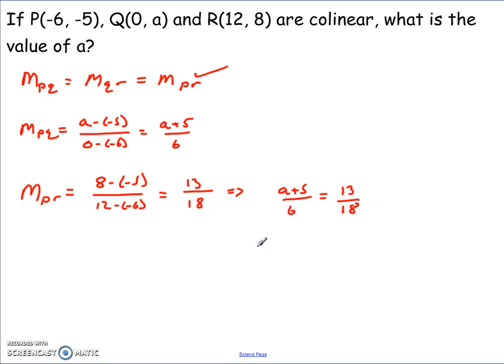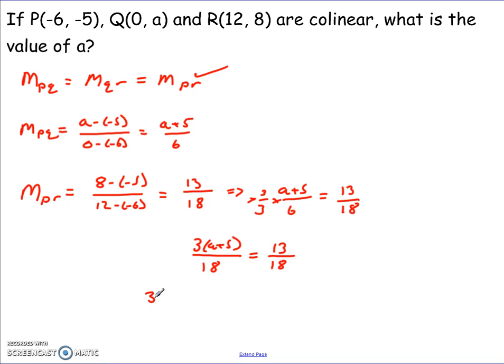So there's a variety of ways to solve this. So you could imagine if I times this side here by 3 over 3, what that's going to do is turn the bottom into an 18 and the top into 3 bracket A plus 5. So I'd have 3 bracket A plus 5 over 18 equals 13 over 18. What I'm then able to say is, well, the tops must match each other in this case for the two fractions to be equal.